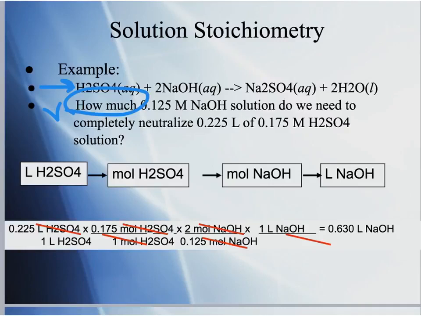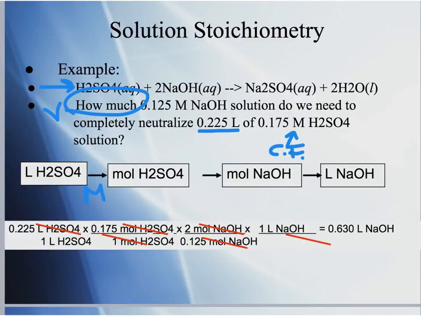So we have to start with what we're given, which is the liters and the molarity. Molarity, remember, can always be used as a conversion factor, so we're never going to start with molarity. We'll start with the other piece of information, the liters. So we have 0.225 liters of sulfuric acid, and we can use the molarity as a conversion factor to convert to moles of our sulfuric acid.